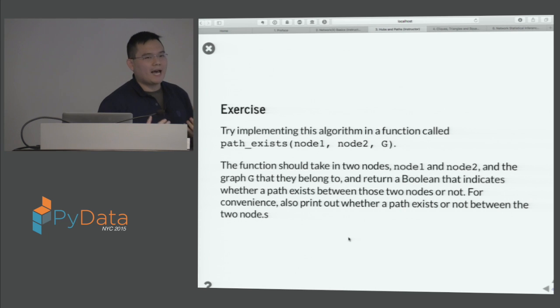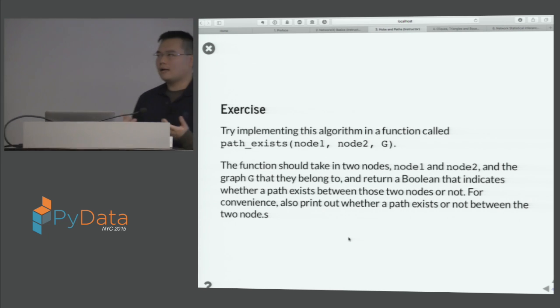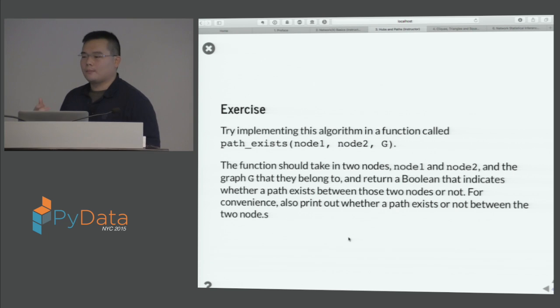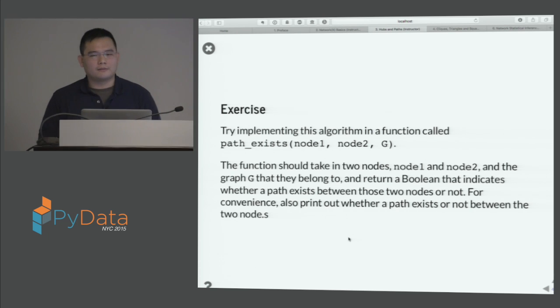This notion of paths will tie into our idea of centrality in a moment, and I'm hoping that you'll follow me along with this.